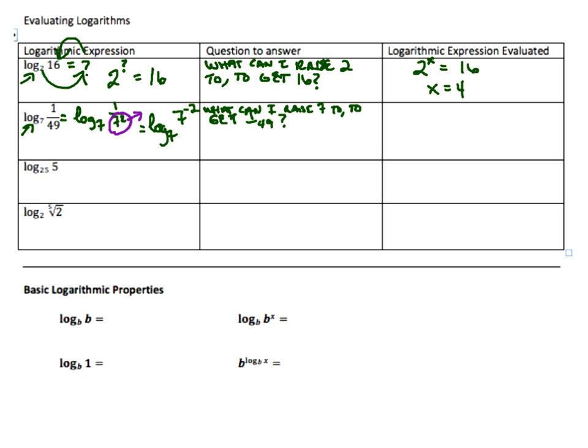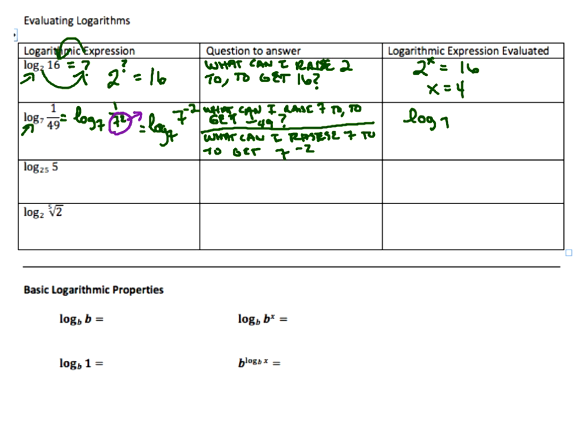All right, so the new question is, what can I raise 7 to get 7 raised to the negative second power?